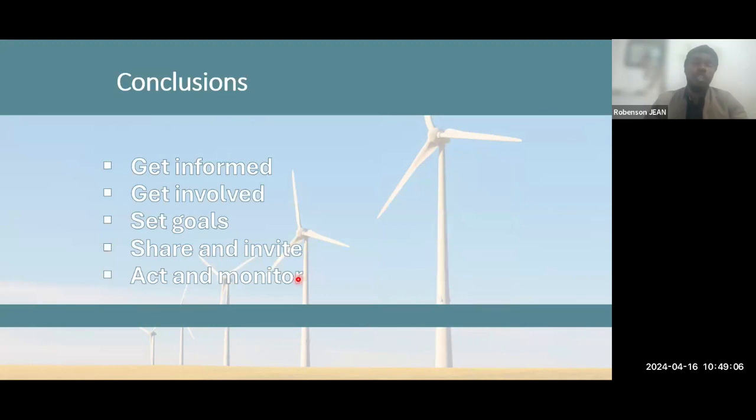So the process of optimizing the renewable energy integration is easy to understand. First of all, we have to get informed about what it is.